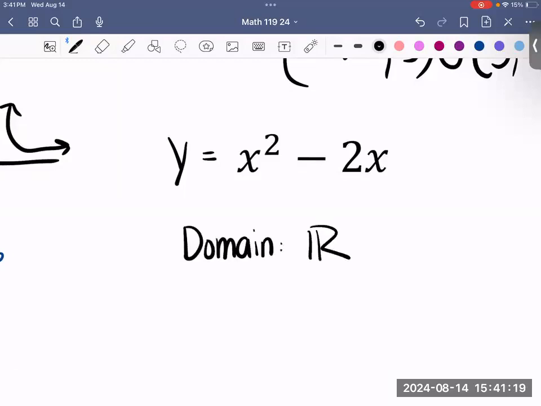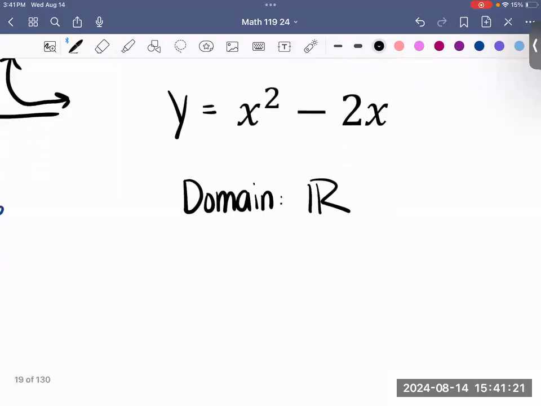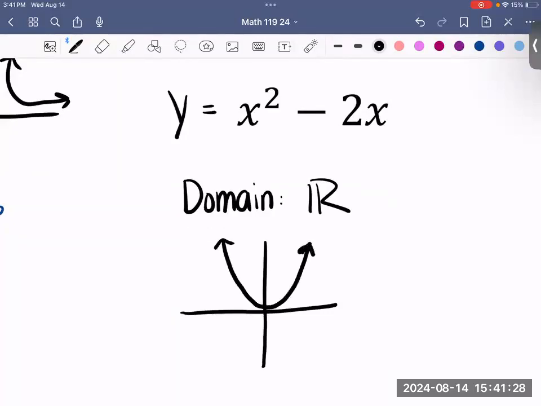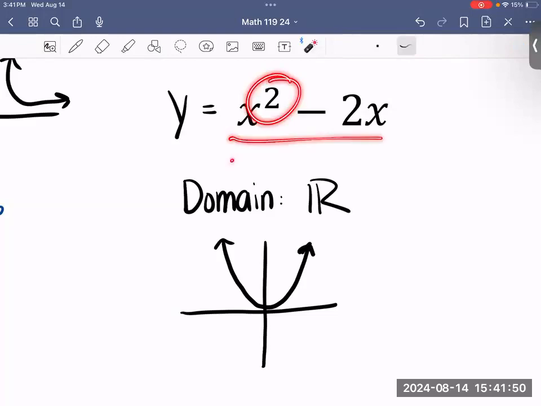Now, if you already know what this graph looks like, or even just the general shape, it's going to look like a U shape, a parabola. We'll learn how to graph parabolas in 3.3, and then some higher order polynomials in 5.1. But for generalization, anything with a squared term that does not have a denominator will have all reals.